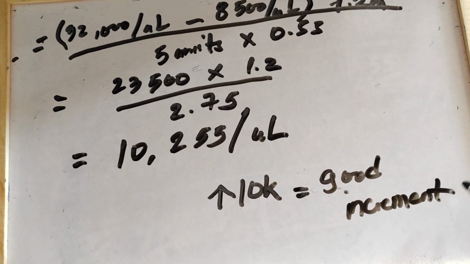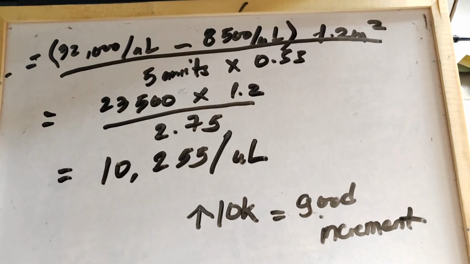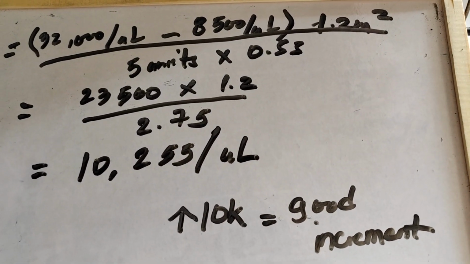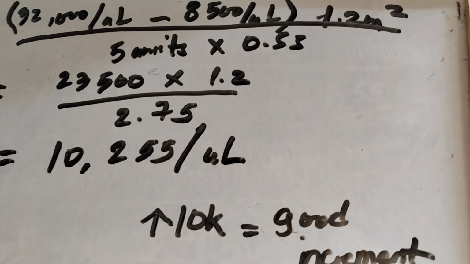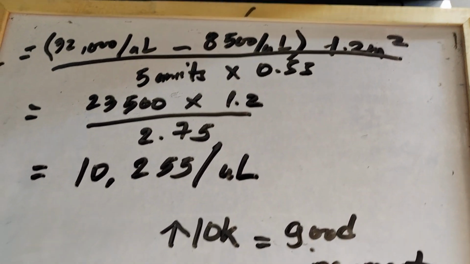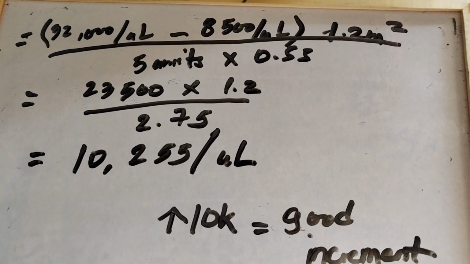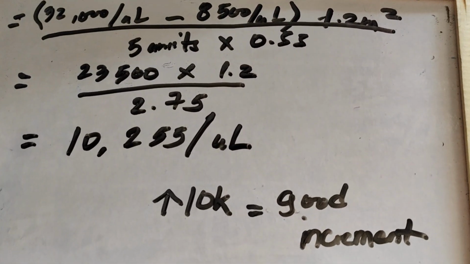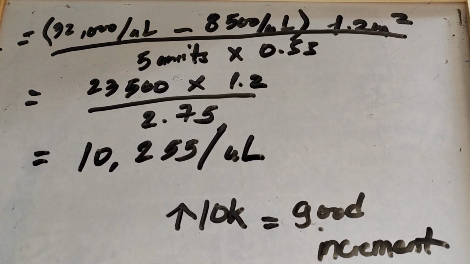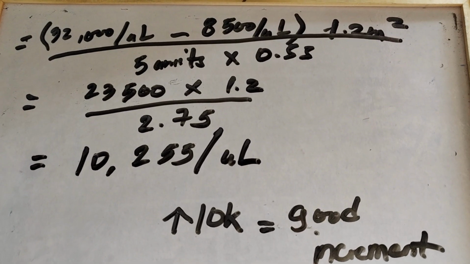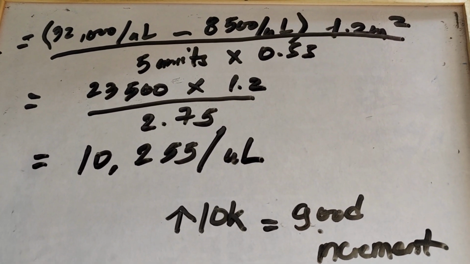It means the transfusion was successful, the body responded. If it is less than 10,000, that means the transfusion was not enough and the patient needs more, or there's something wrong.